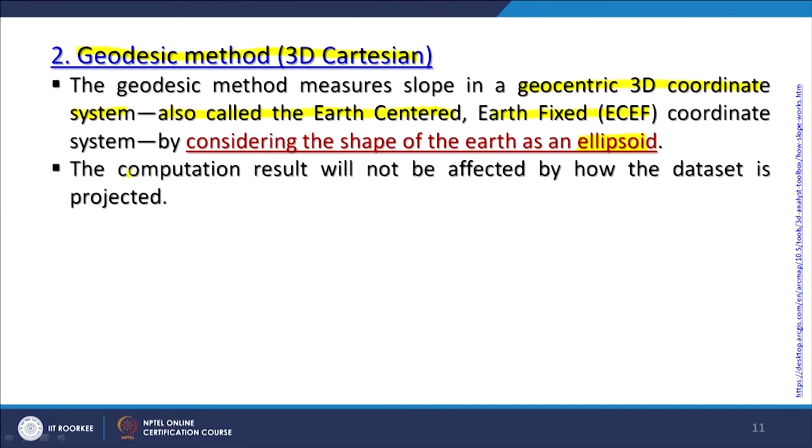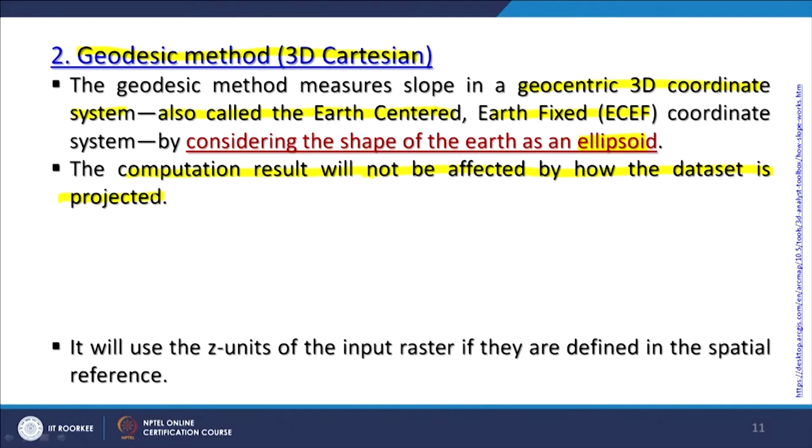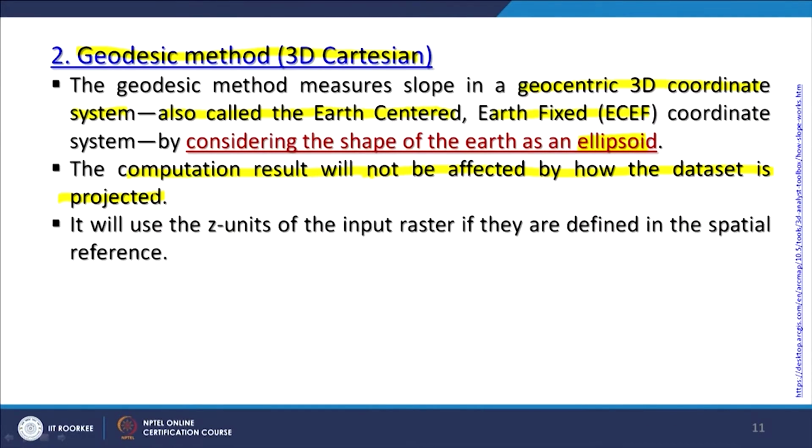So the results will not be affected by how the data set is projected. In the case of 2D Cartesian or planar calculations, the data is first projected onto a 2D plane and then the calculation is done. Here, no matter how the data is projected, it will do the calculation.